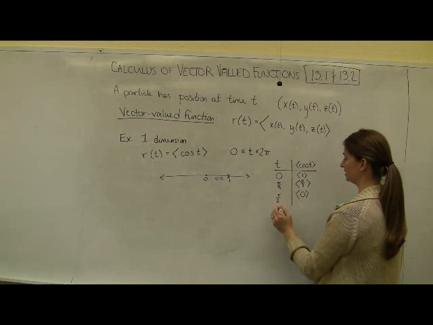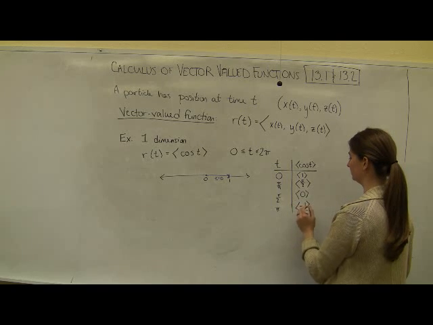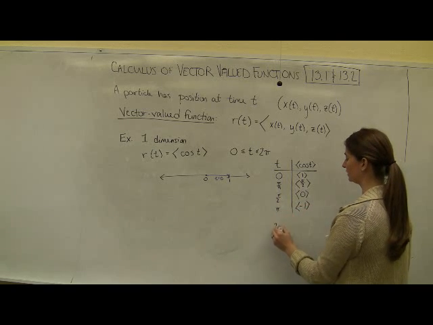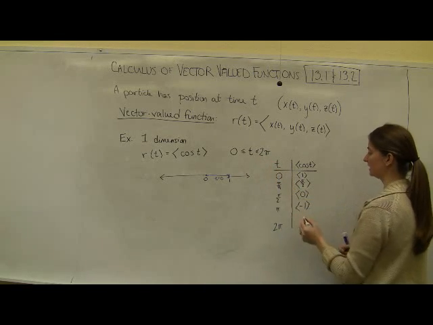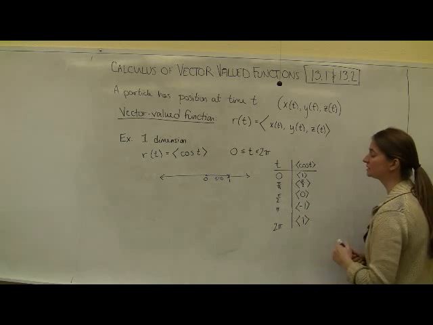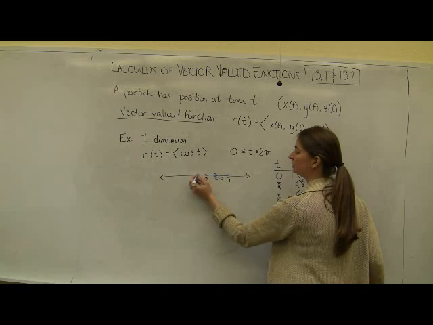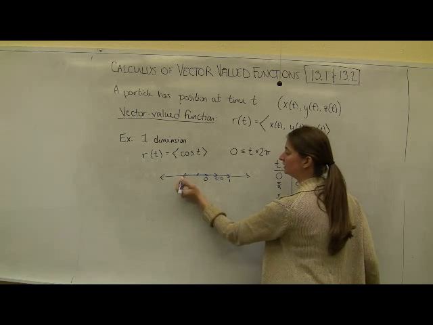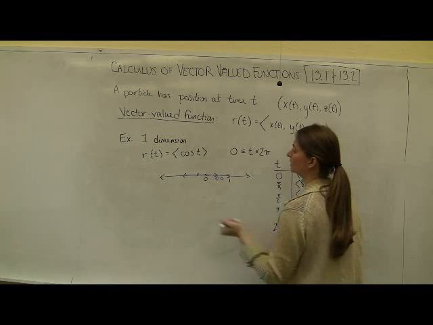When my t increases all the way to pi, I get an output of the vector -1. And as I continue forward, I see that by the time I get to a t value of 2 pi, at the end of this domain for t, I go back to 1. So my outputs, in this case, are a collection of vectors that have initials at 0 and terminals somewhere between 1 and -1.